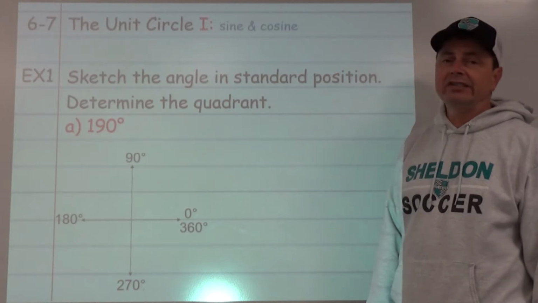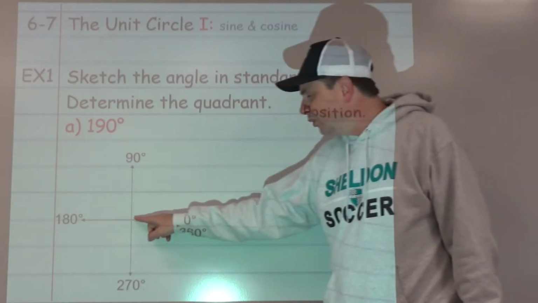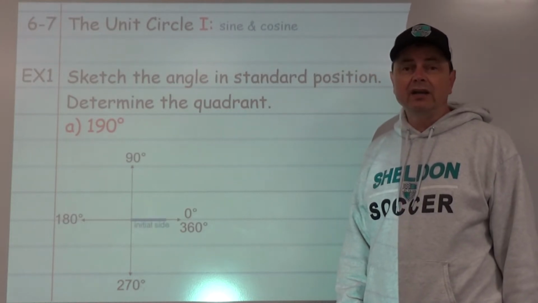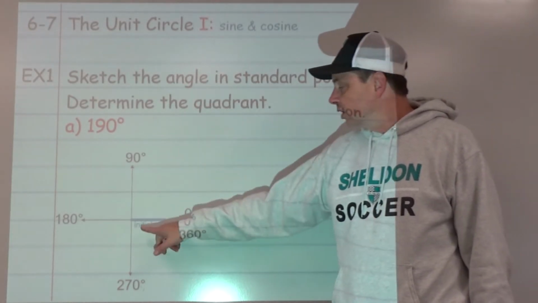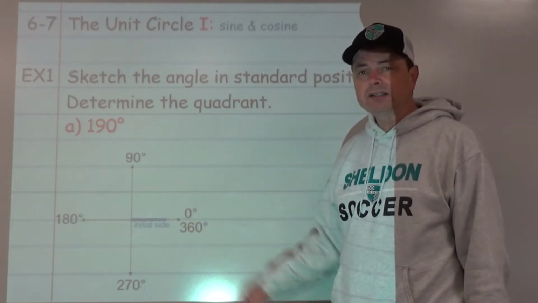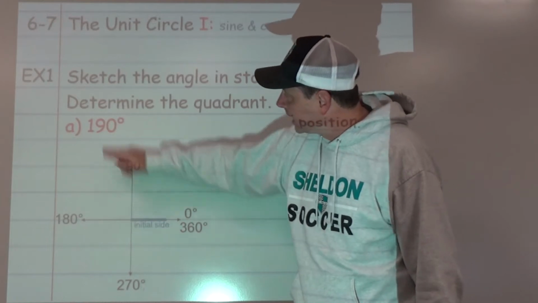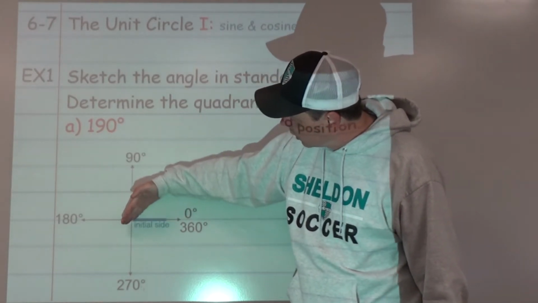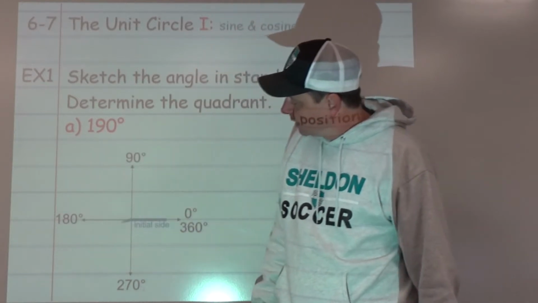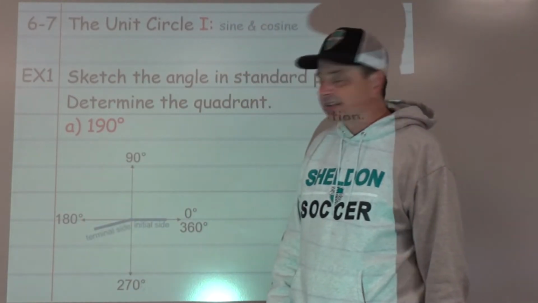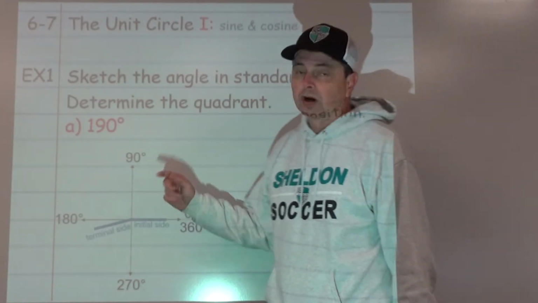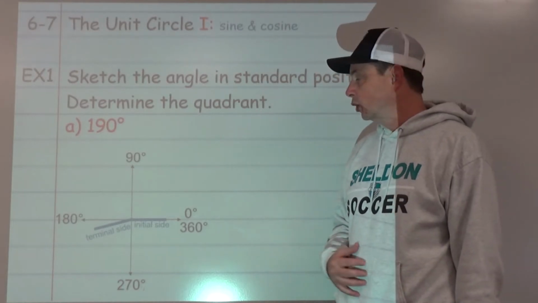When we sketch an angle in standard position, we start with our initial side being on the positive side of the x-axis. So we call that the initial side. From the origin straight right, and then we're going to rotate that 190 degrees. So we rotate it to 90, to 180, keep going, and then that side there is going to be called the terminal side, where we stop. And we're always going to show what I call the arrow of rotation.